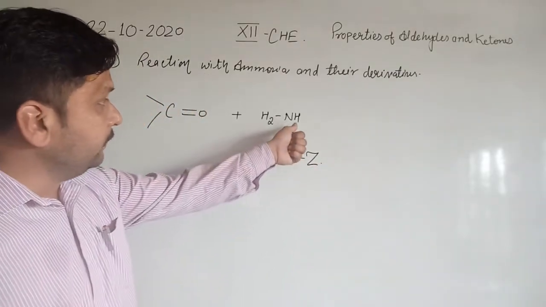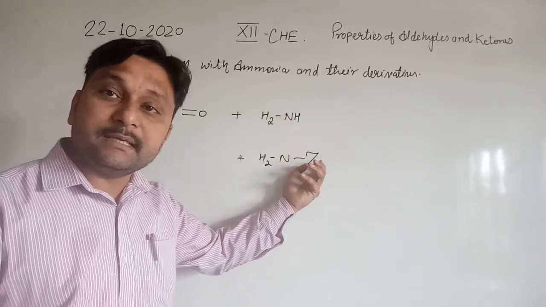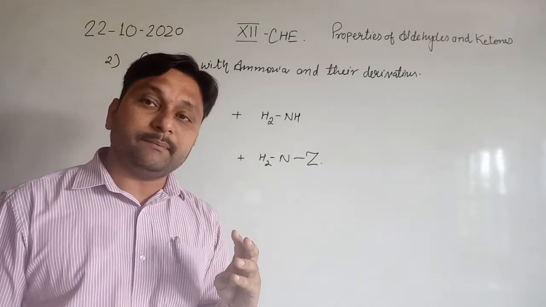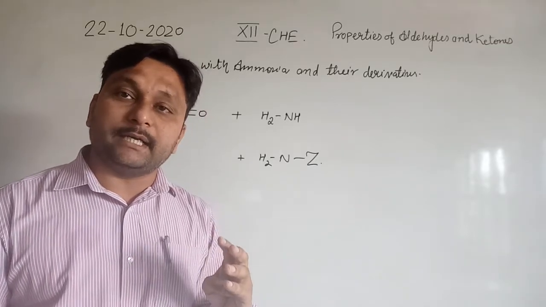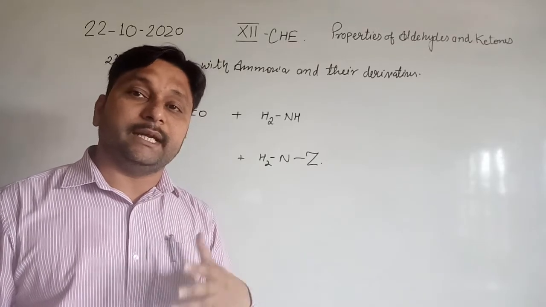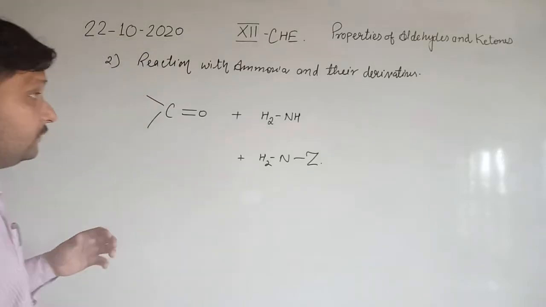Derivatives means in place of hydrogen there is a Z. Z means different groups. That may be hydroxylamine, semicarbazide, phenylhydrazine, and 2,4-dinitrophenylhydrazine also. So there are different derivatives, okay?